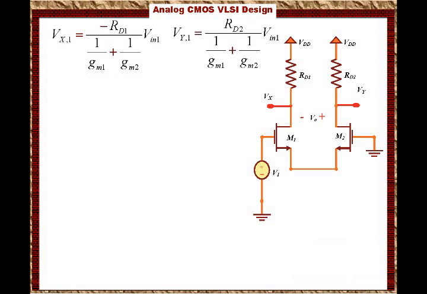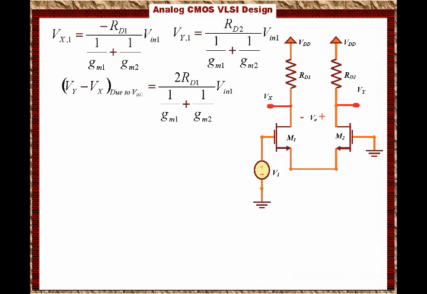So we can say now Vy minus Vx, which is the differential output voltage due to Vn1, is equal to 2 times Rd over 1 over Gm1 plus 1 over Gm2 times Vn1.